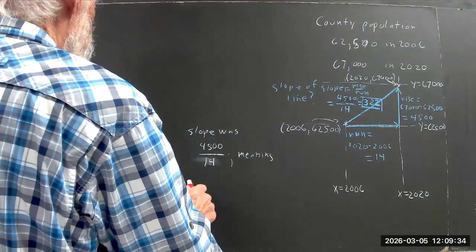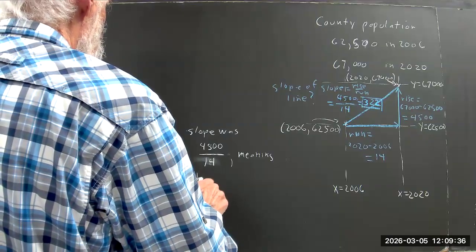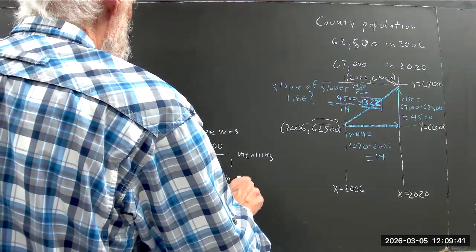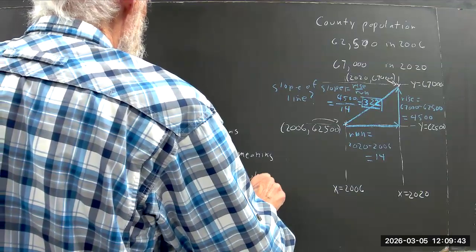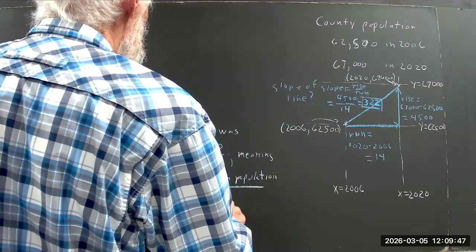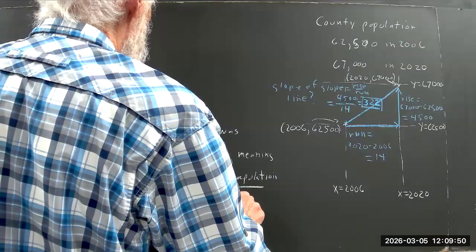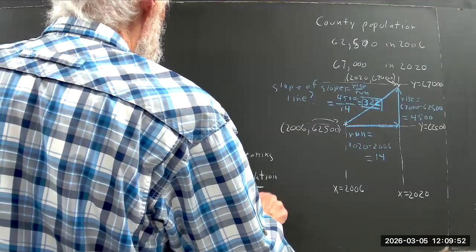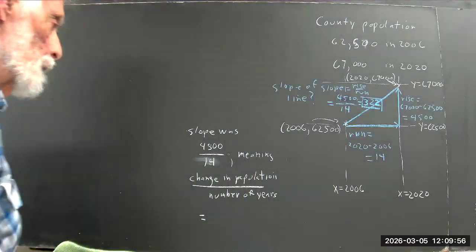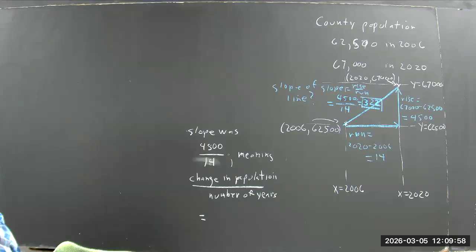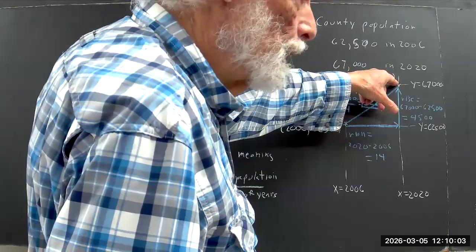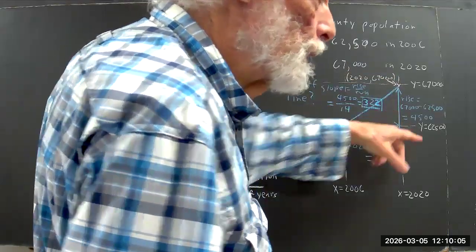It means change in population over number of years, right? The rise represents your change in population. The run represents how many years it took.